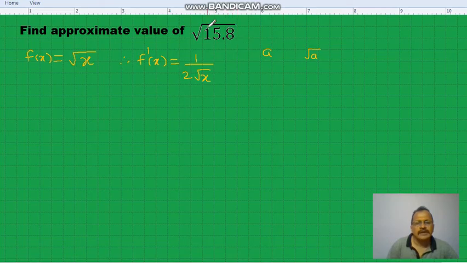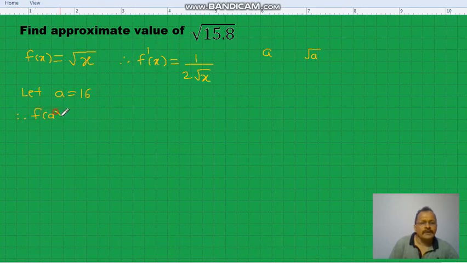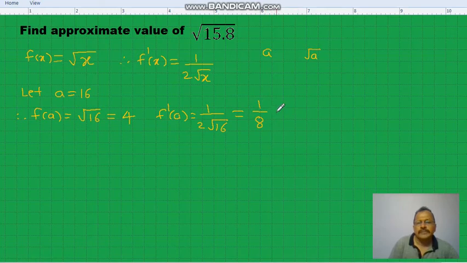Yes, it is 16, and therefore let a be equal to 16, and therefore f of a is equal to square root of 16, which equals 4, and f dash a is equal to 1 upon 2 square root of 16, which is equal to 1 upon 8. Keep it as it is.